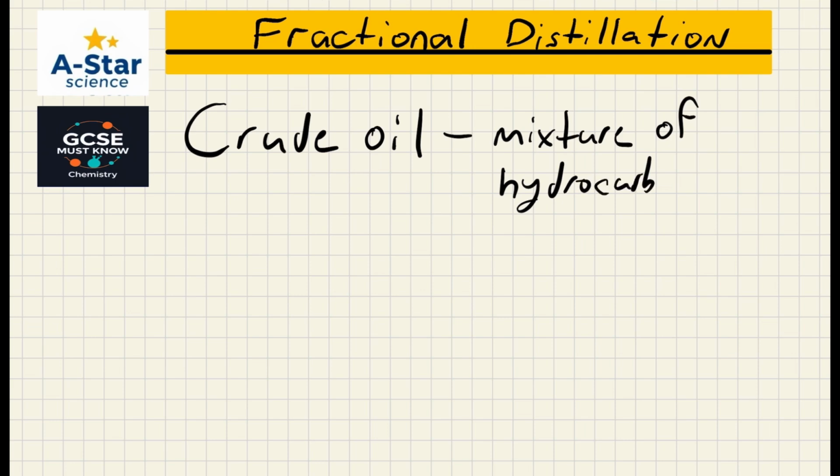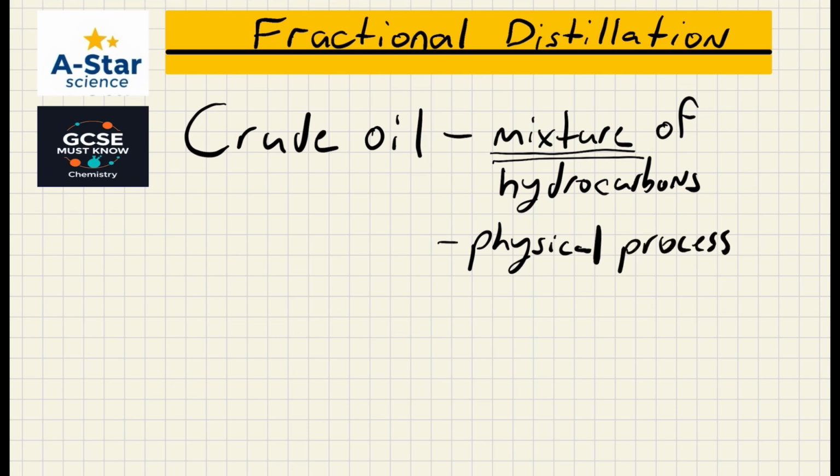And this is important to understand because the fact that it's a mixture means that we can use physical processes to separate the different components. Okay, and in this case, the physical process is something we call fractional distillation.